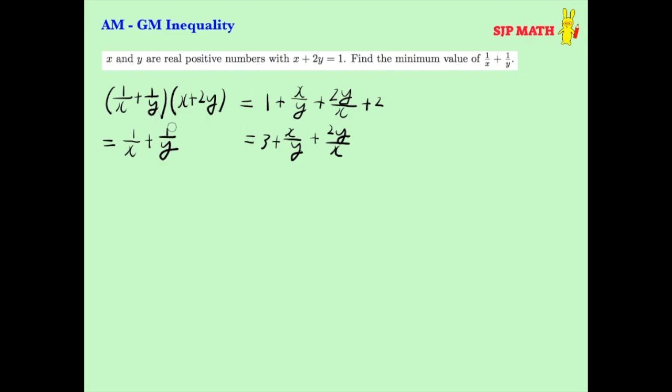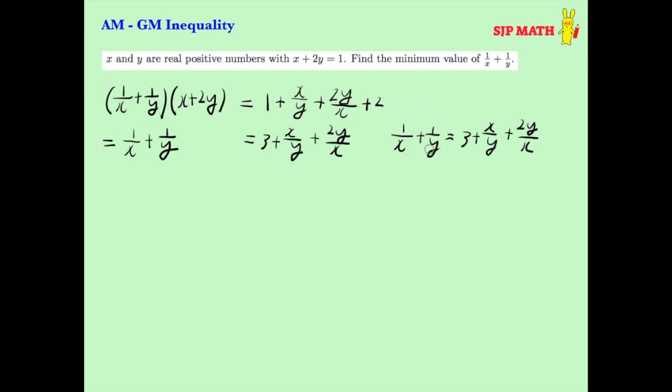Sweet. So this is equal to this, and this is equal to this. So these two expressions are the same. So let's write that here. 1 over x plus 1 over y is equal to 3 plus x over y plus 2y over x.